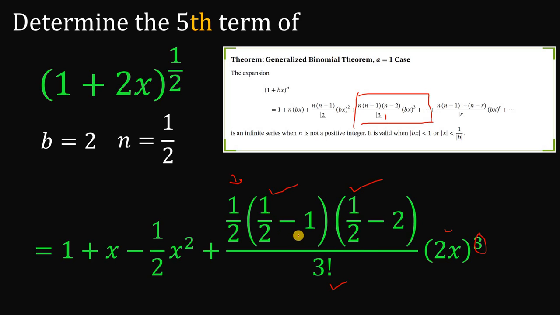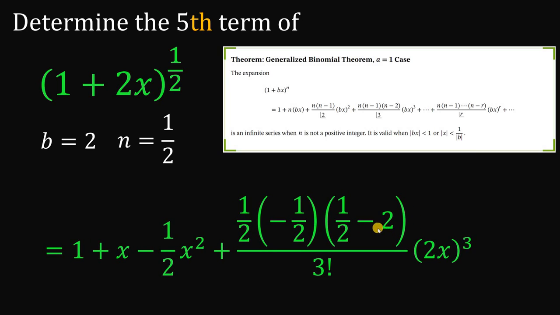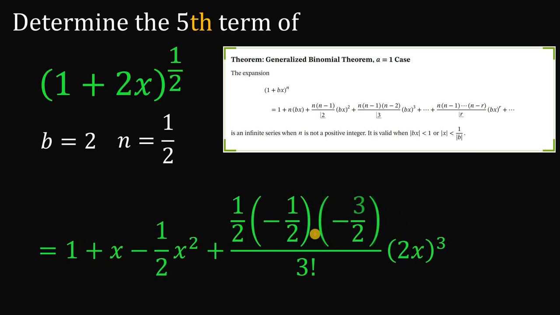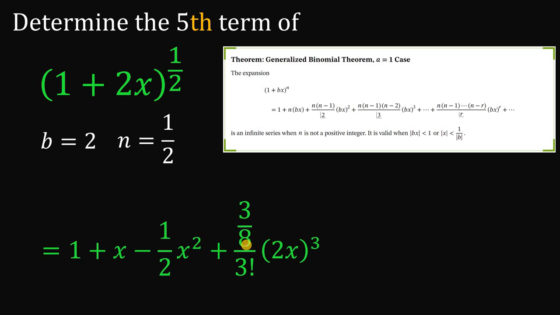So now let's simplify. 1 half minus 1, this will give us negative 1 half. 1 half minus 2, this will give us negative 3 over 2. Now if we multiply this, 1 half times negative 1 half times negative 3 over 2, this simplifies to negative 3 over 8. Now, this 3 factorial, this is 3 times 2 times 1, or simply equal to 6.